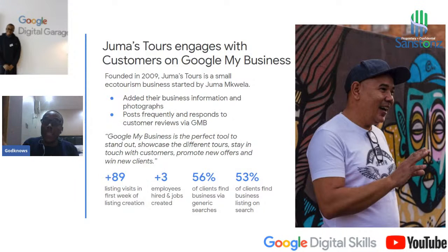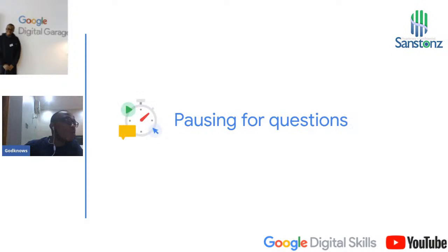He has gotten over 3 employees. 56% of clients find the business via generic search. Then also over 53% of clients find businesses listed on search. This is great. So you have no reason not to be on Google My Business.